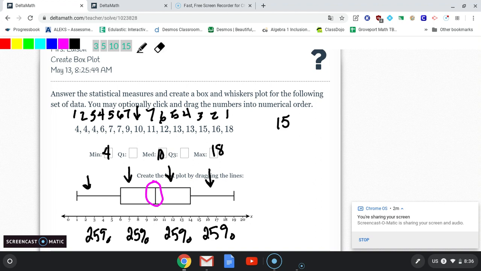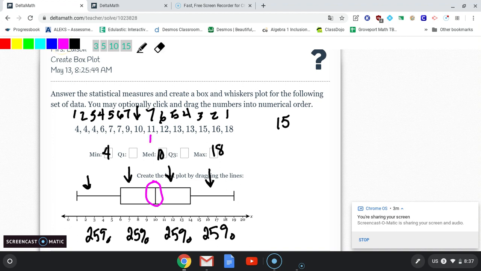So that's a 10. Now, I have to cut these numbers in between on the top and the bottom in half to find quartile 1 and quartile 3. So that means I'm going to have 3 numbers on each side to find those.